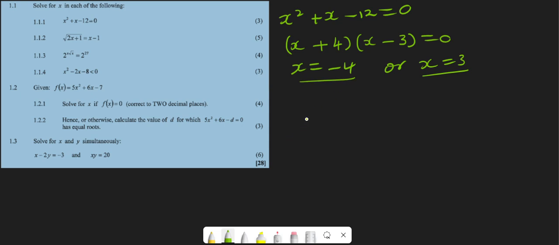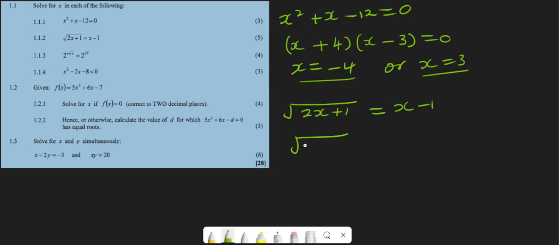Then we are done. Then let's go to 1.1.2, where we are given a radical sign with 2x plus 1 equated to x minus 1. To solve for x in this statement, we need to square both sides, the left-hand side and also the right-hand side, in order to remove the radical sign.